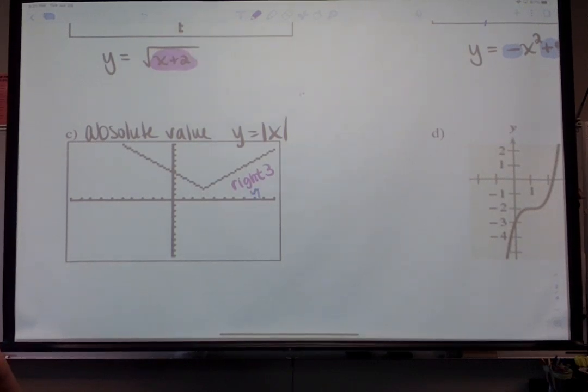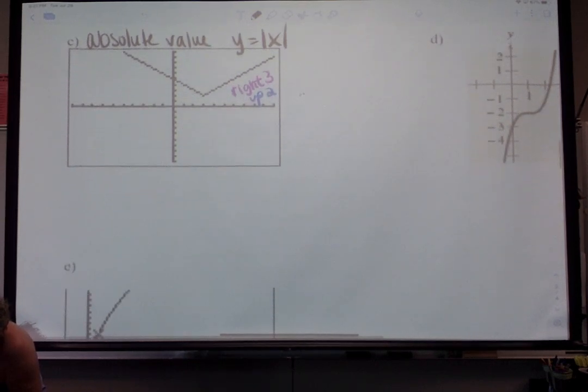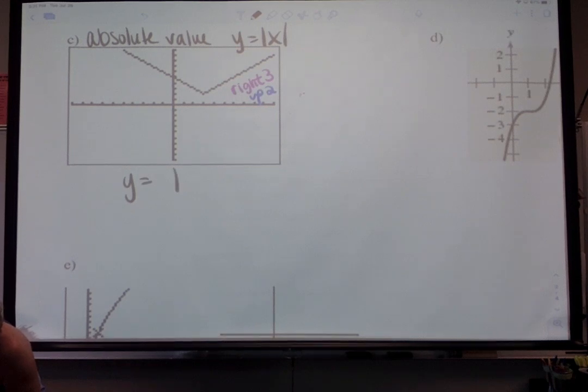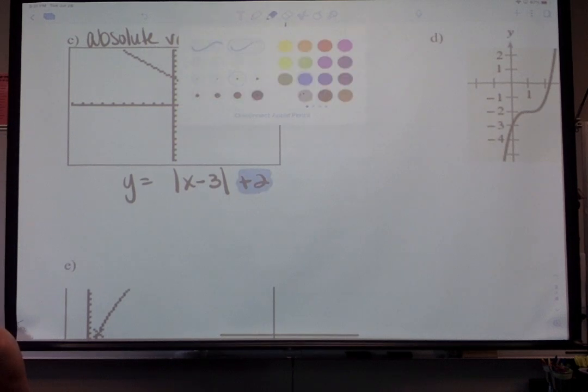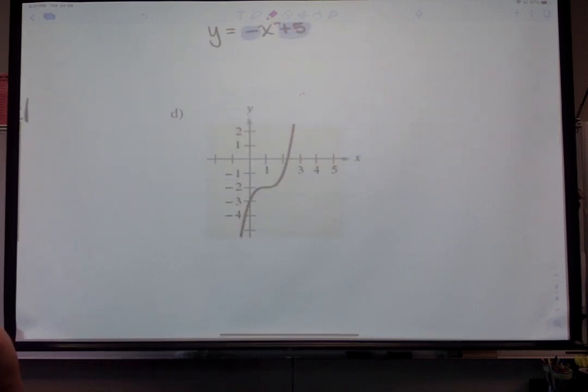And I think it went up 2. Here's the up 2. Right 3. There's the right 3. Oh, dang. Up 2. Right 3.